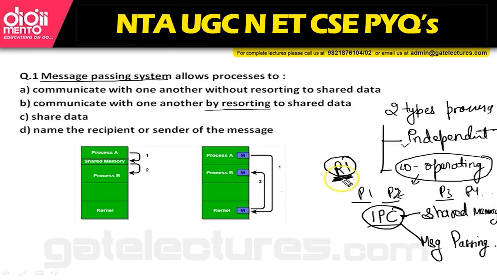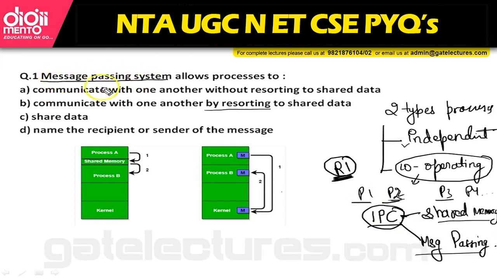They want to share data. So how will they know that one process is sharing its data? There must be some way of communication between these processes, and that mechanism is known as inter-process communication. We have two methods for that: one is shared memory and the next one is message passing.